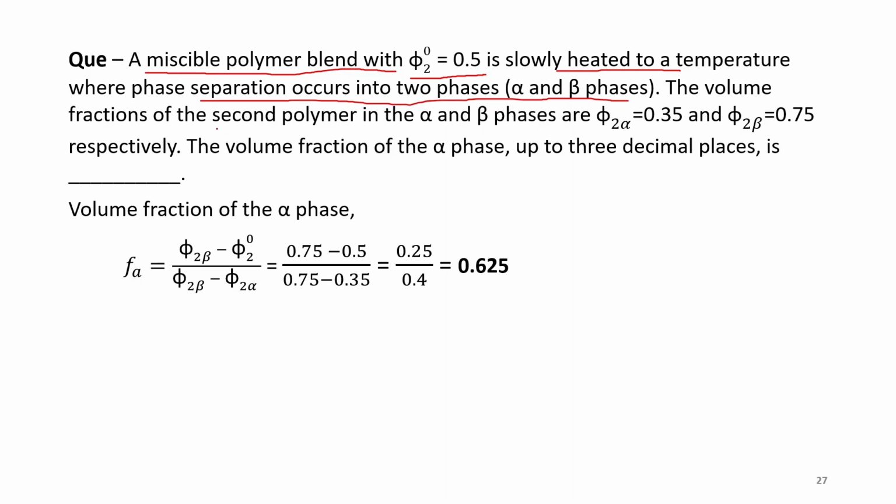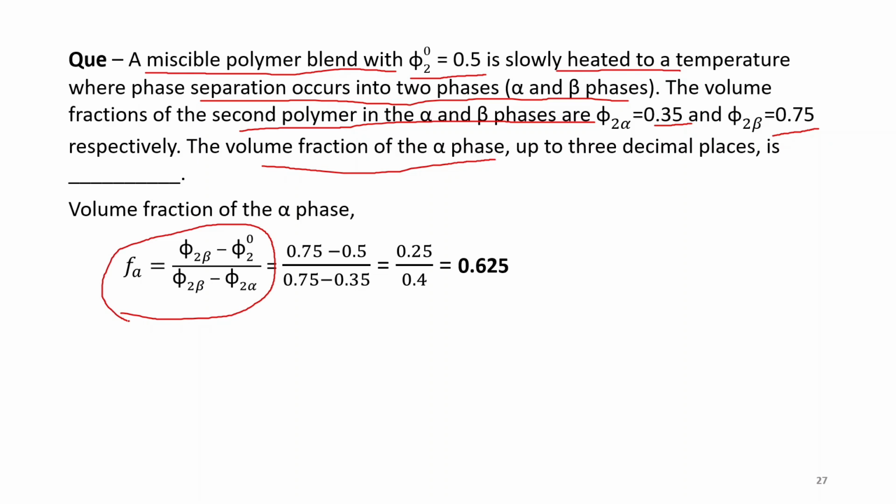So the volume fraction of the second polymer in the alpha and beta phases are phi 2 alpha, which is 0.35, and phi 2 beta, which is 0.75, and we need to calculate the volume fraction of the alpha phase. So we can calculate it by this formula, right?